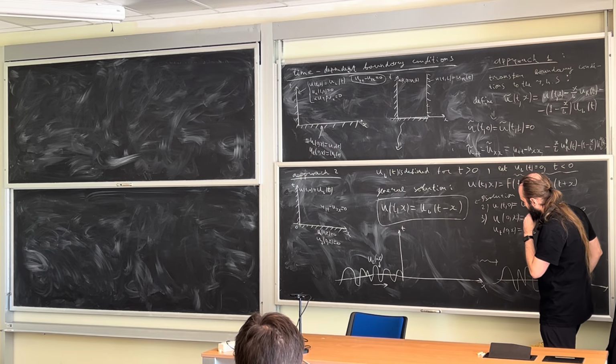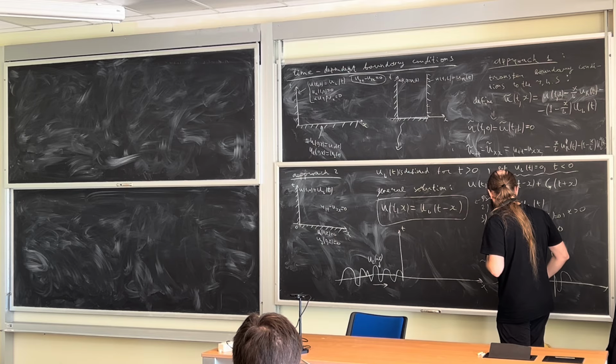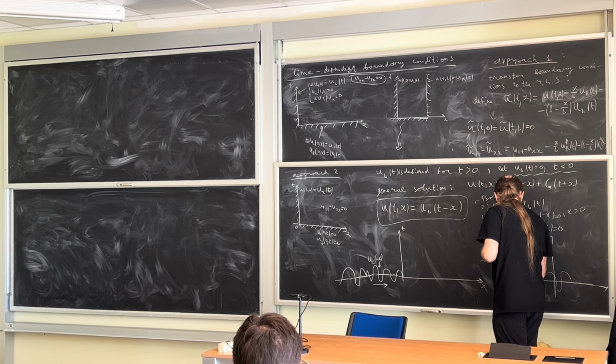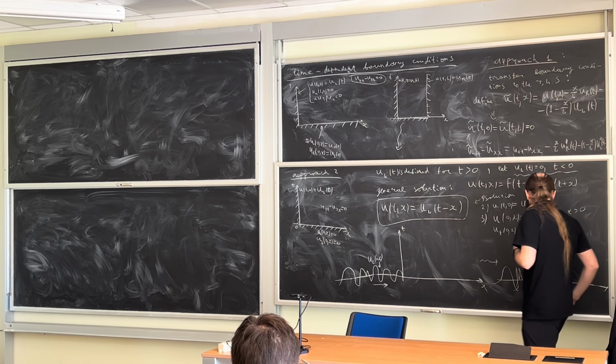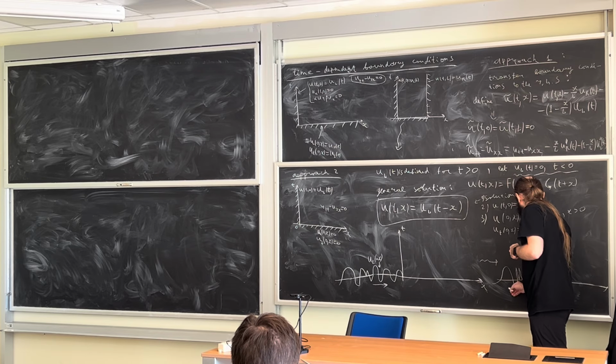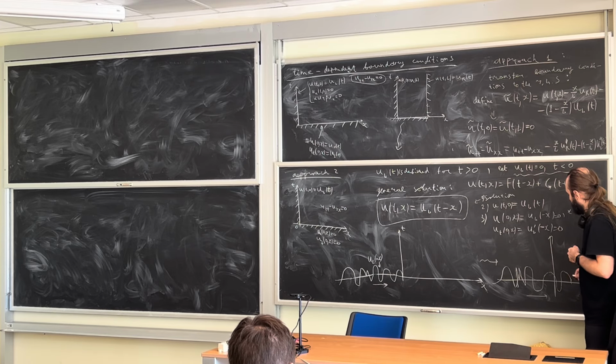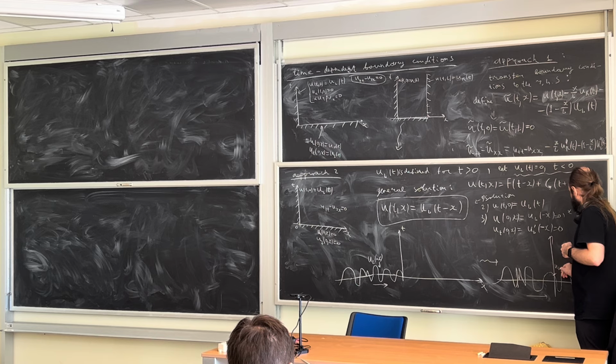I probably did not draw a precise copy of that function. The idea is the following: it moves in, and we see the value u_L of t at this point.